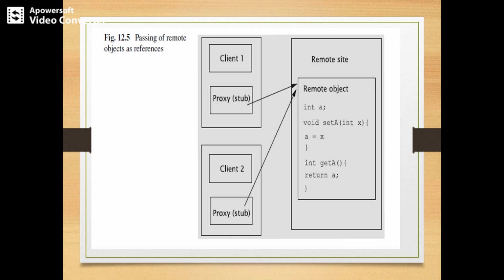We have setA(int x) with A equal to x. Assume that x is 5. The call from the client machine goes through the stub to the remote object and gets executed, changing the respective field, so the value will be 5.